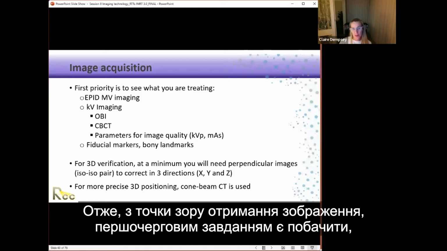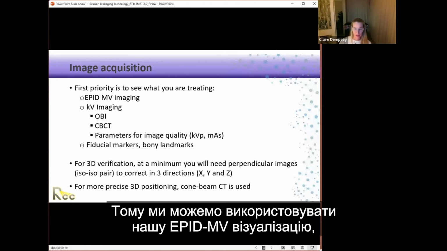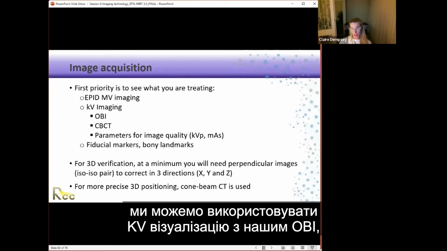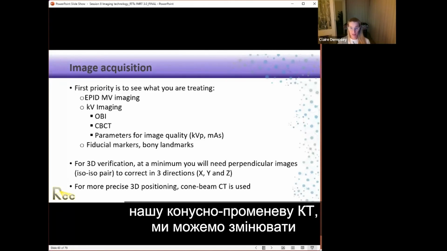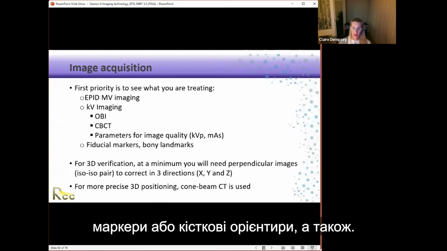In terms of image acquisition, the first priority is to see what you are treating. If you can't see what you're treating, then the images are fairly useless. So we can use our EPID MV imaging. We can use KV imaging with our OBI, our cone beam CT. We can change parameters for image quality. We can use fiducial markers or bony landmarks as well.